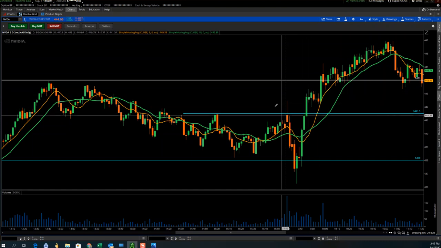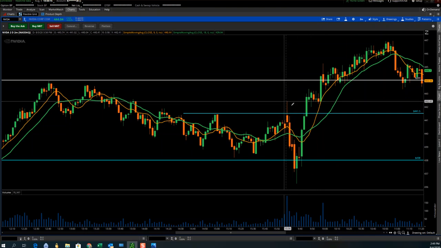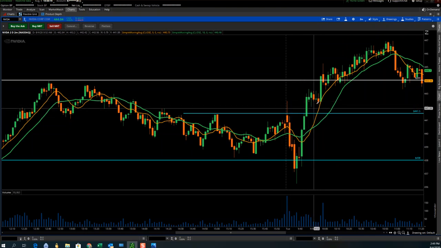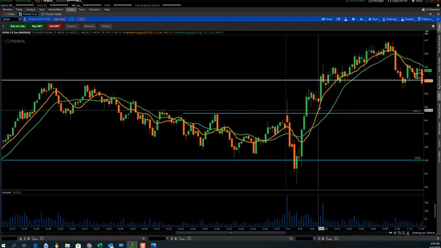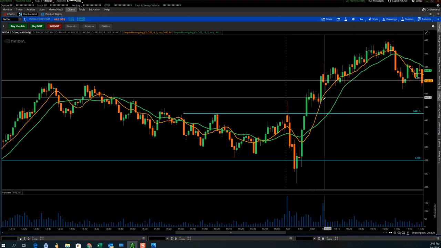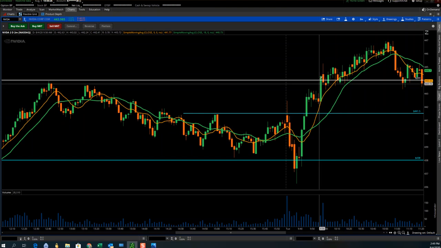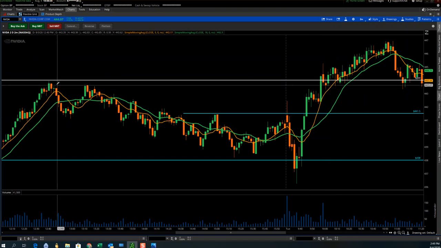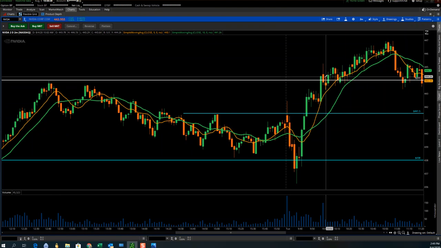If you were not comfortable playing 441 because we got the rejection there the last time, just wait it out, see how it is behaving relative to the moving average. Once you got the close above the next resistance of 444, which was the resistance from the day before, that's a good time to get in calls, or you can just go long the stock.